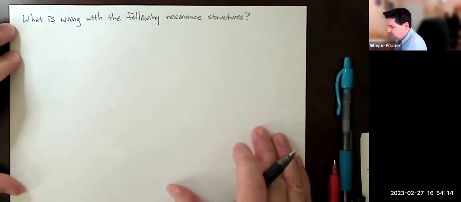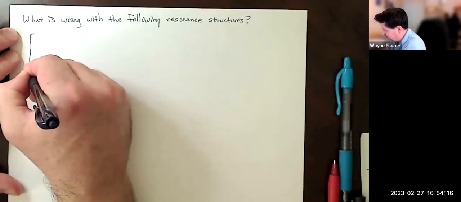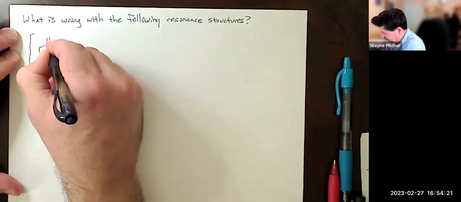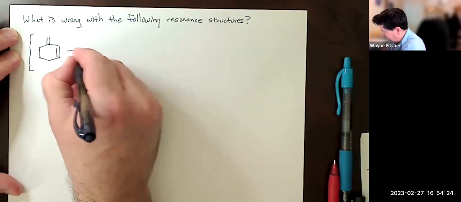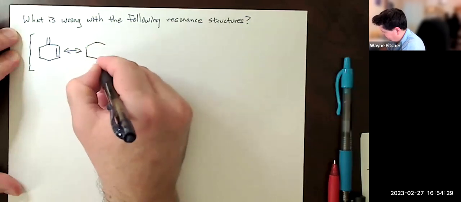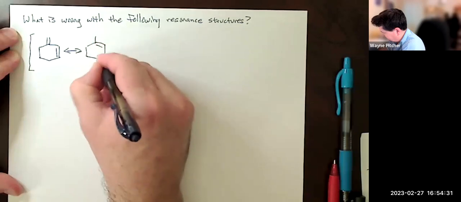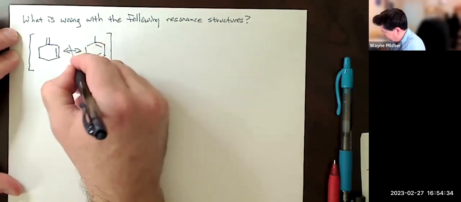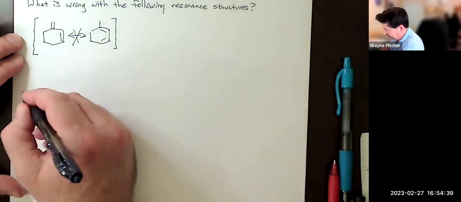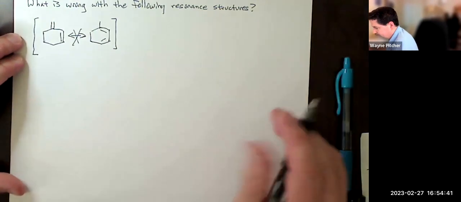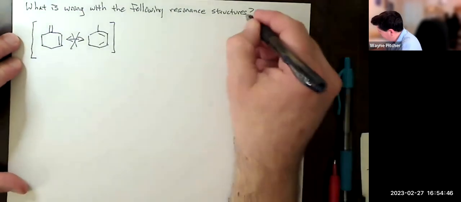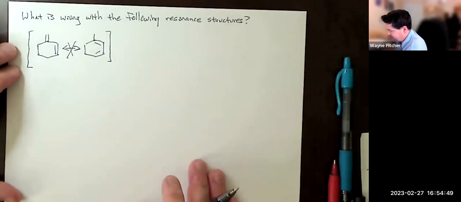And let's ask the question, what is wrong with the following resonance structures?